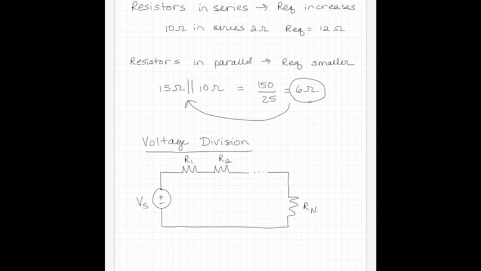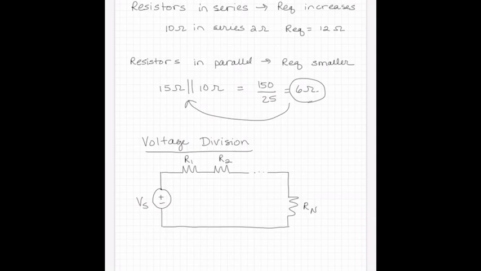Just like our circuit where we derived resistors in series behavior, this is a voltage divider. And what we say is this voltage Vs divides. And so these voltages V1, V2, all the way out to V sub n, are part of that total voltage Vs.